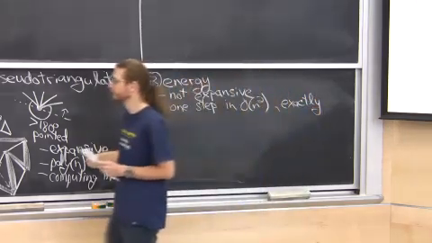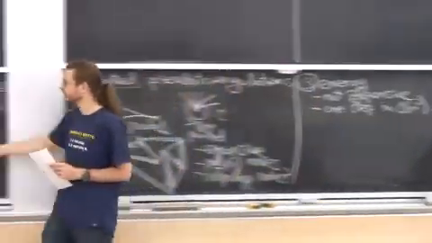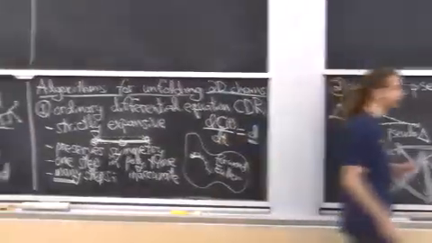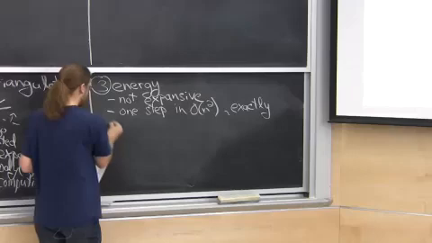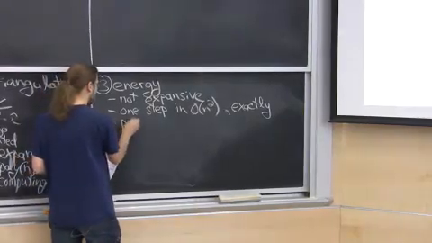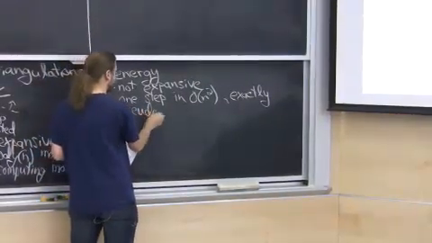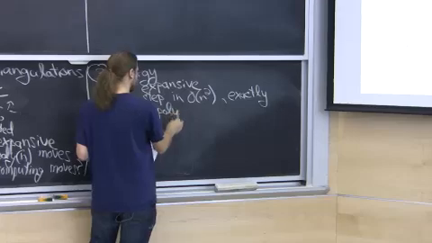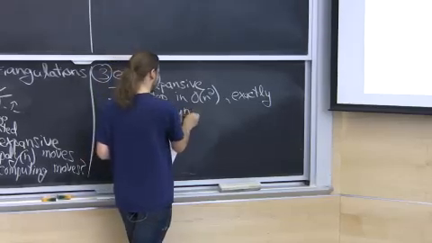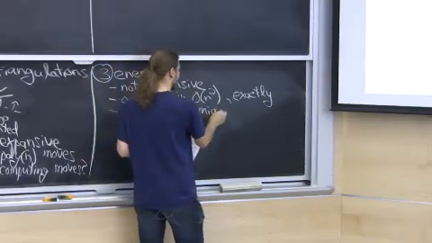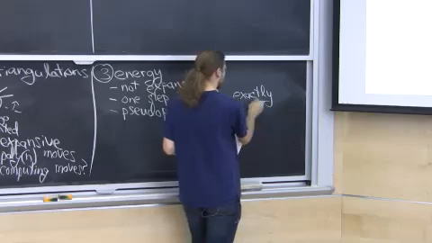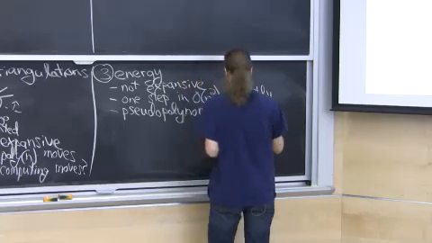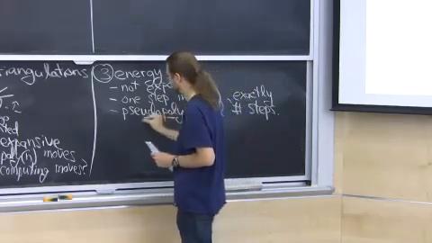This one you have to specify some error tolerance epsilon. Here you can do it perfectly if you have exact square roots. And the number of steps is also small. It has a pseudo-polynomial number of steps.